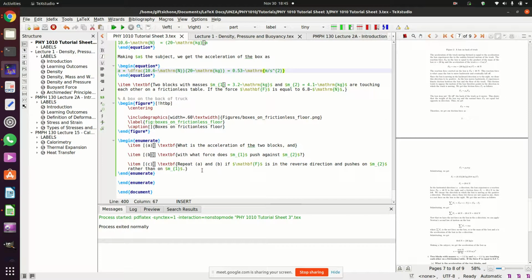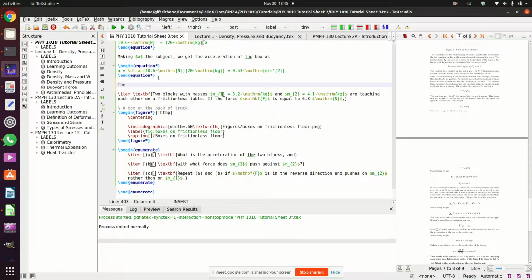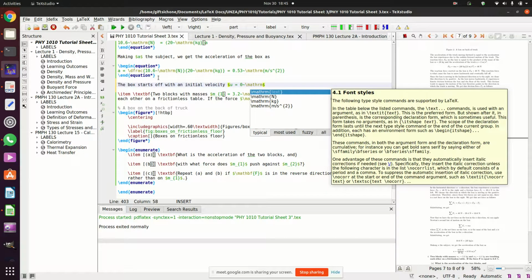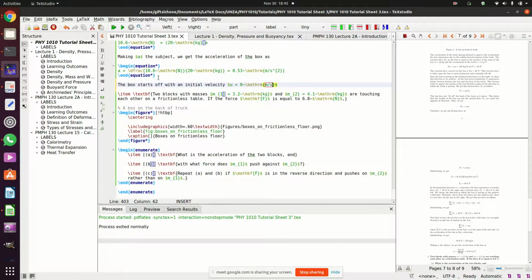Okay. So, the box starts off with an initial velocity u, which is equal to 0 meters per second, and accelerates.